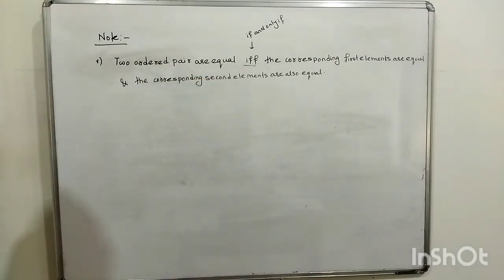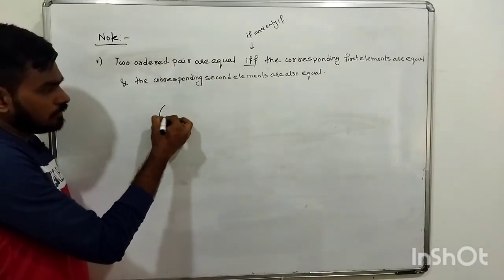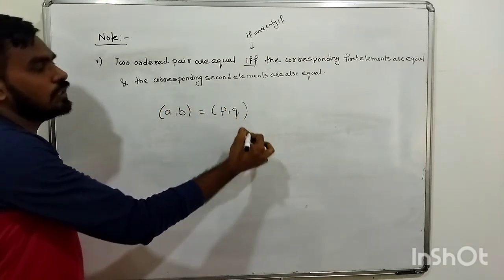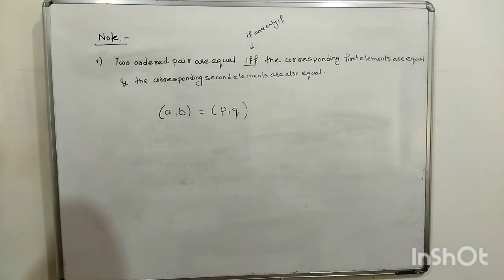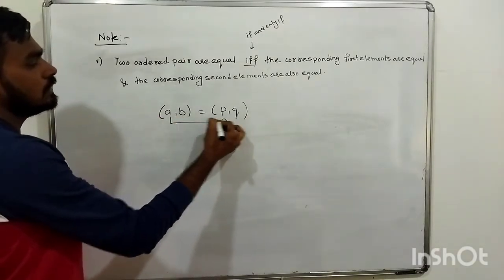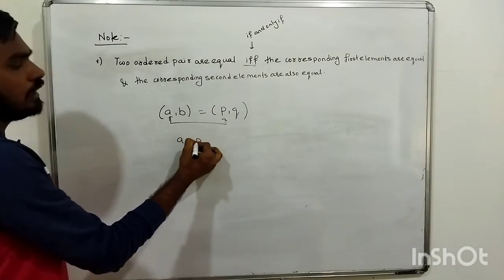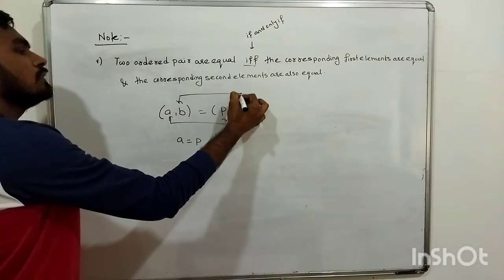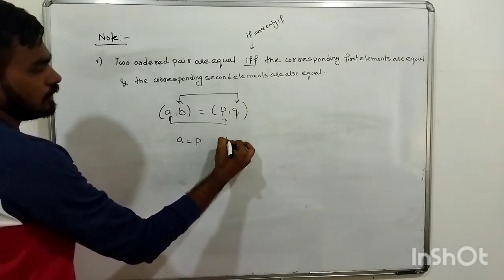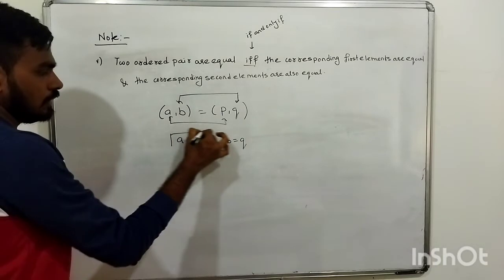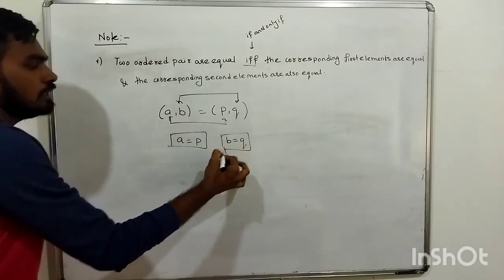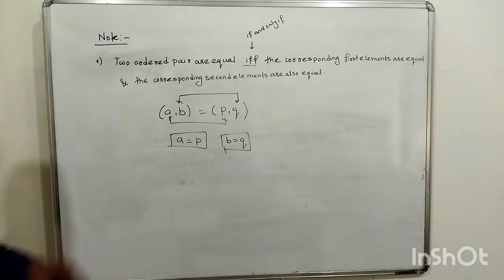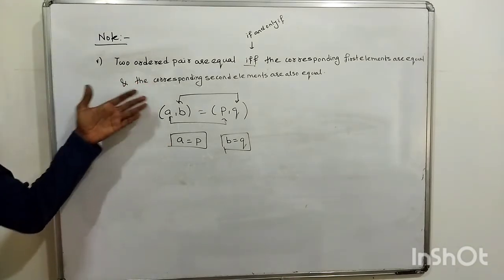If we have (a, b) and (p, q) and we say these two ordered pairs are equal, this means the corresponding first elements must be equal, so a must be equal to p, and similarly the corresponding second elements must also be equal, so b is equal to q. Then we can say these two ordered pairs are equal.